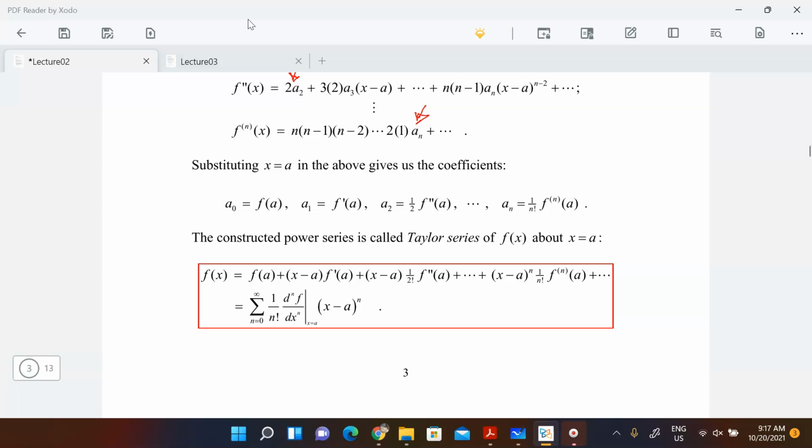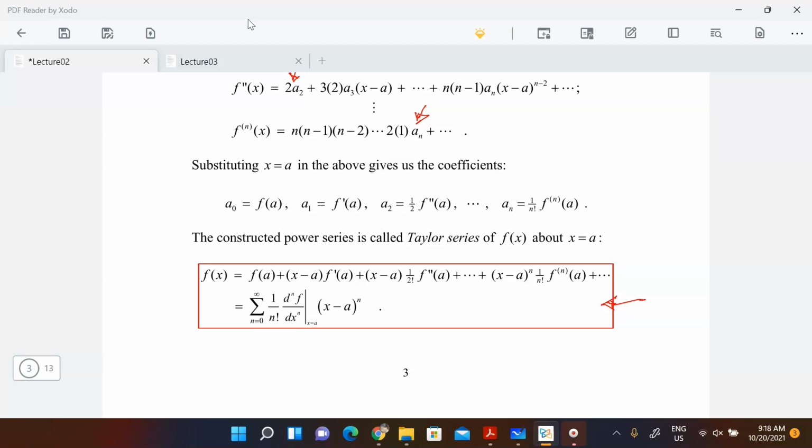And finally you get to this particular formula, which is the Taylor series of your function f of x expanded about the point x equals a. Just to remind you, the assumption made here is that your f of x is smooth, so that you can actually calculate all the derivatives of that particular function.